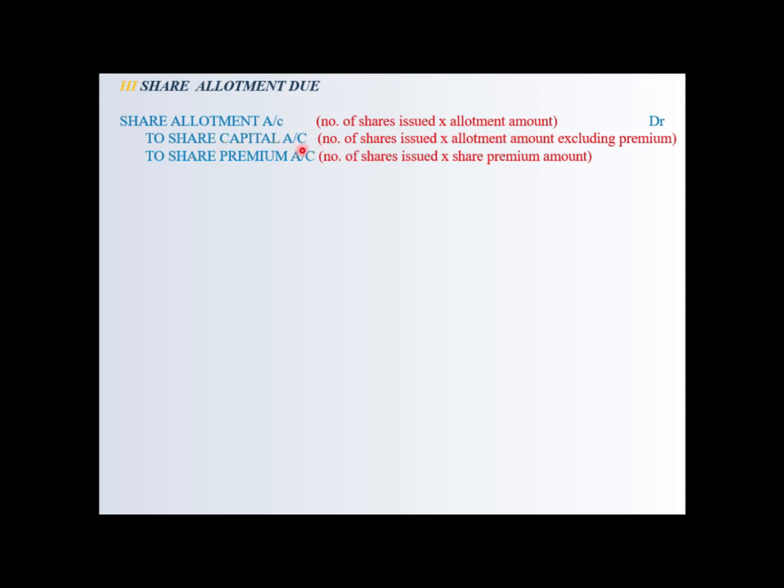Share capital amount will be calculated as number of shares issued multiplied by allotment amount excluding premium. Share premium amount will be calculated as number of shares issued multiplied by share premium amount.